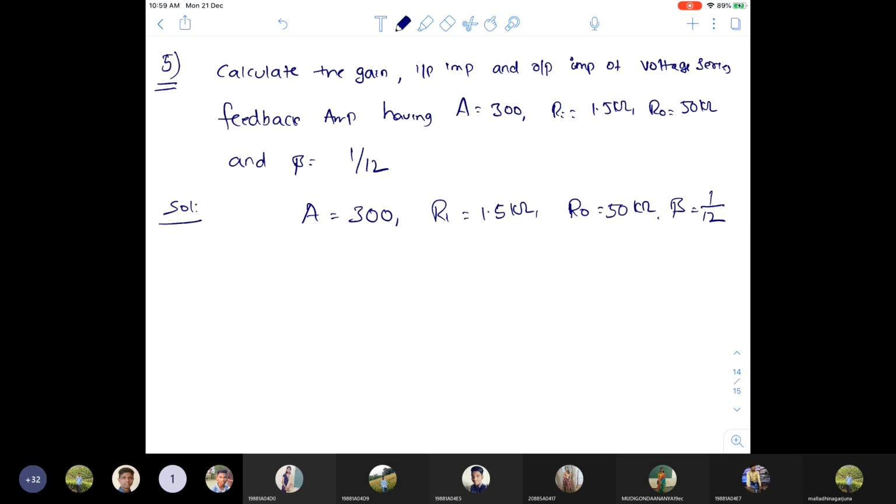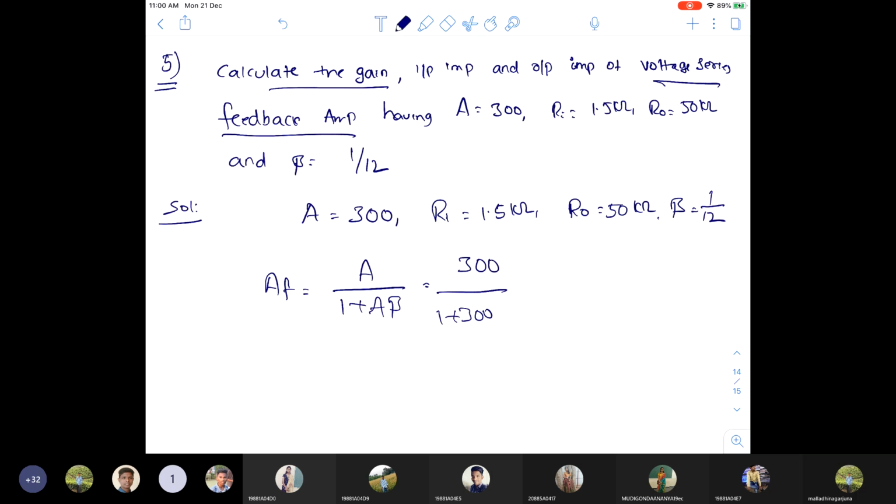This is the given data. Now calculate the gain for the voltage series feedback amplifier. So AF equal to A by 1 plus A beta, that is equal to 300 by 1 plus 300 into 1 by 12. What is the answer?